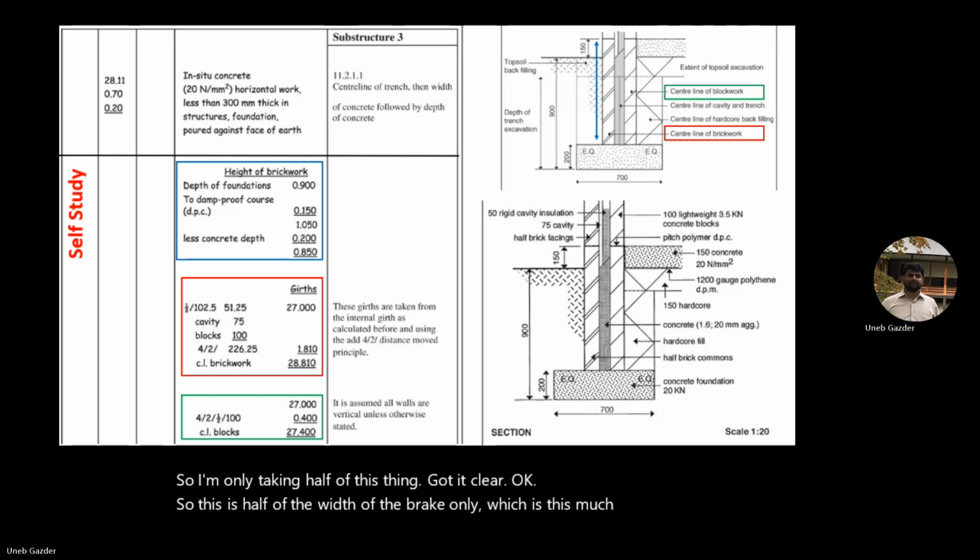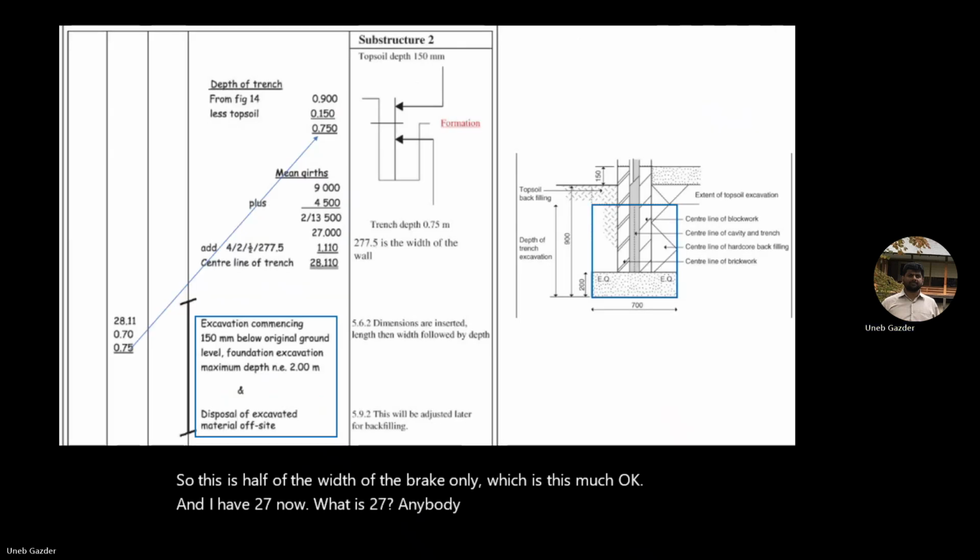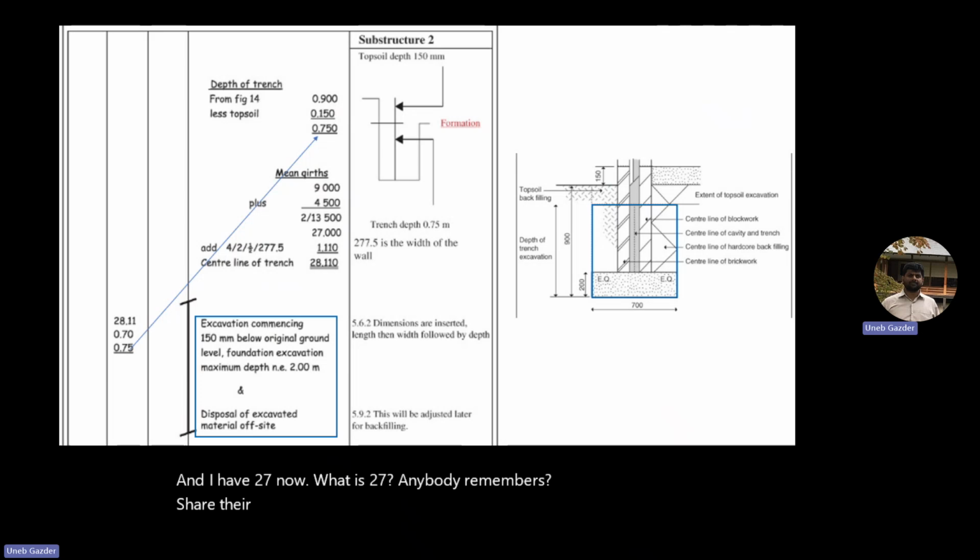Okay. And I have 27. Now what is 27? Anybody remembers? It's written somewhere here, right? It's written on this sheet, right? 27. Meaning what? What was 27?